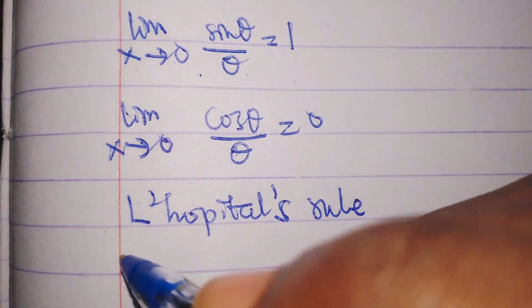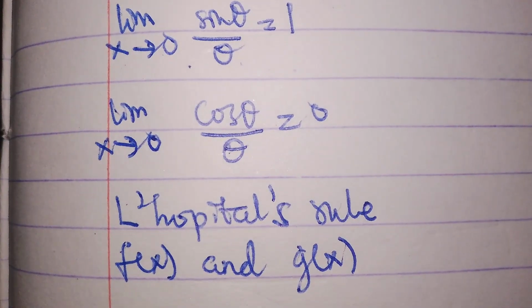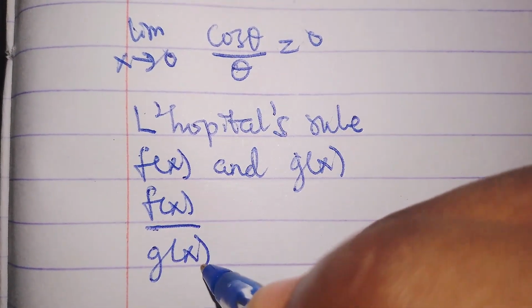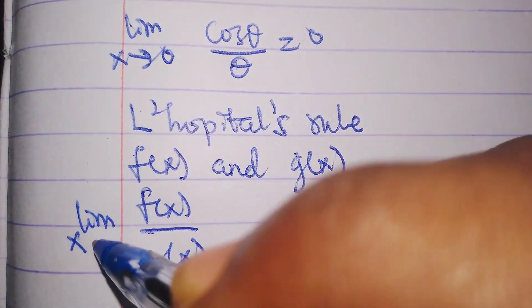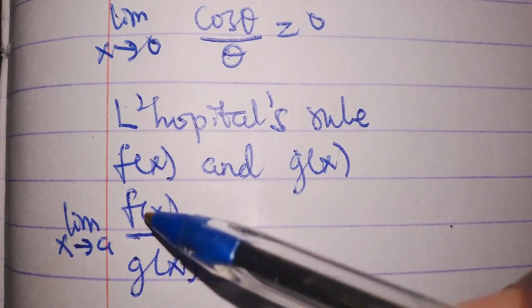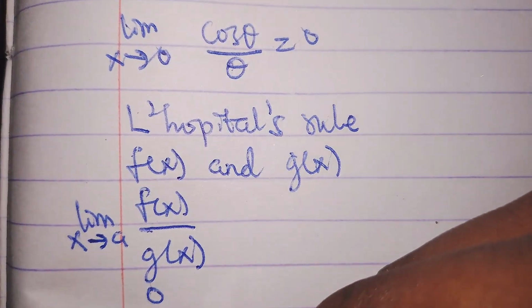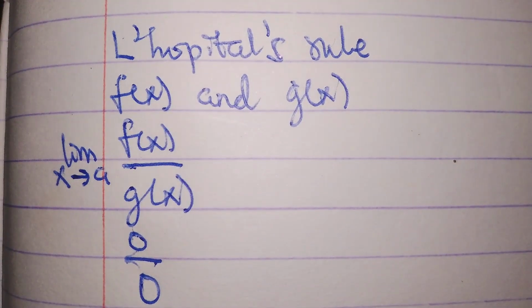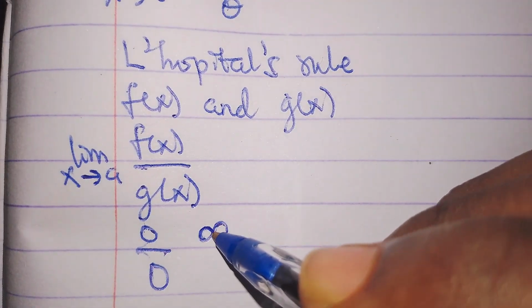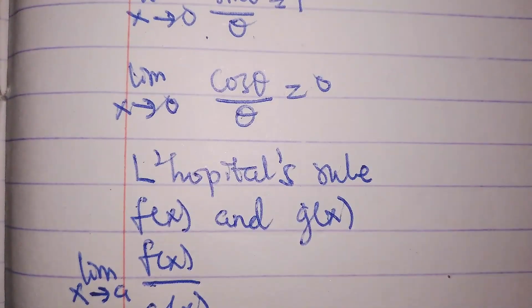L'Hopital's rule says, given we have a function f of x and another function g of x, if we take f of x divided by g of x and the limit as x approaches a, and we obtain either 0 over 0, or sometimes infinity over infinity, we can use L'Hopital's rule.